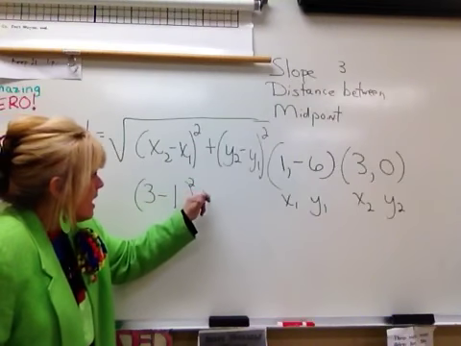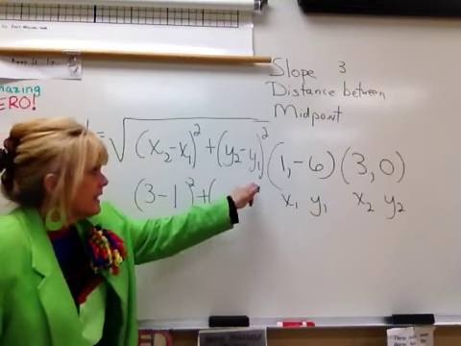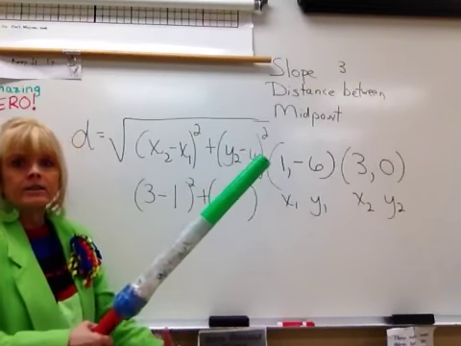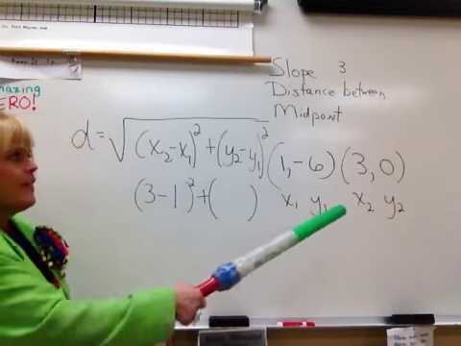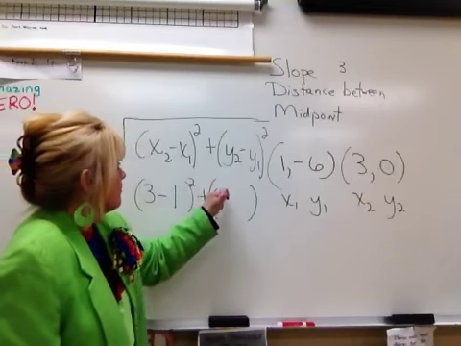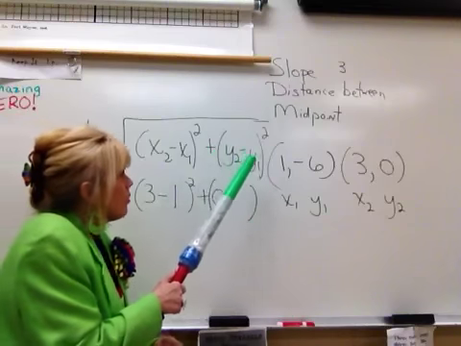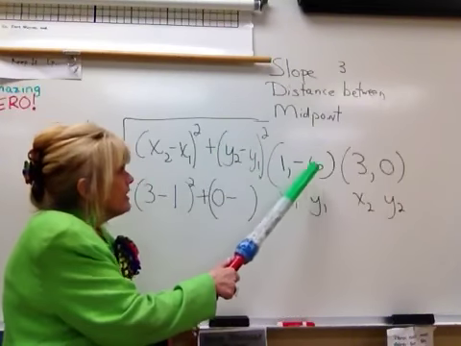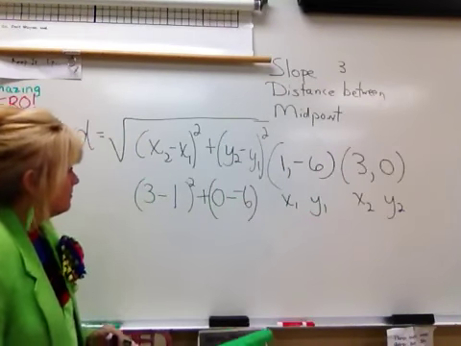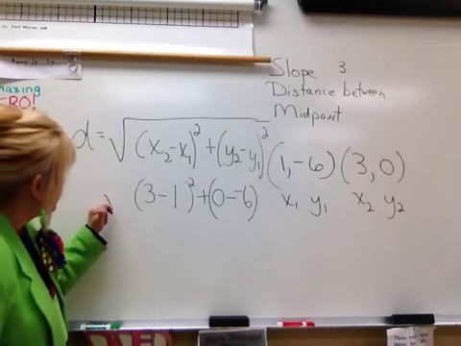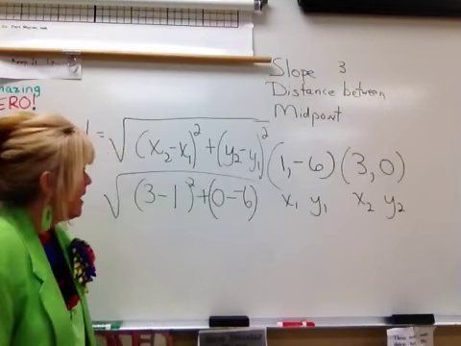Then bring down your plus. Bring down your parentheses. Who's y2? We're just letting the formula guide us. There he is, 0. The next bubble is a takeaway. Y1, who's y1? There he is, -6. And then don't forget to bring down the square root sign. That's still there. Nobody said he could go away yet.